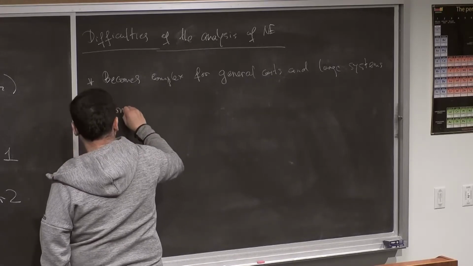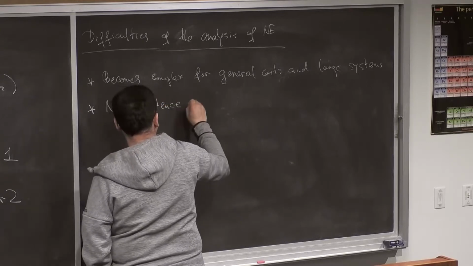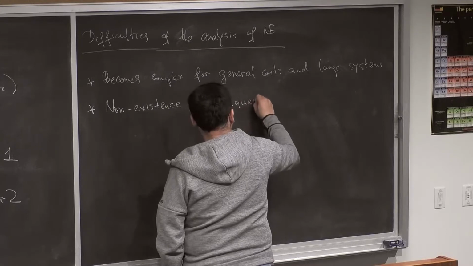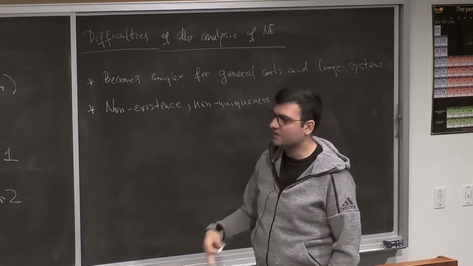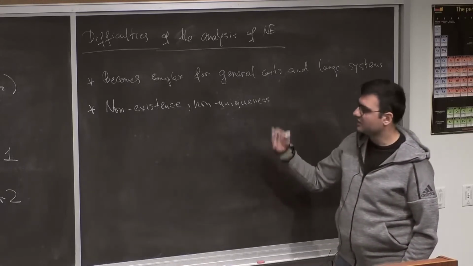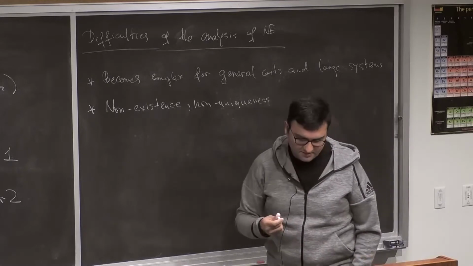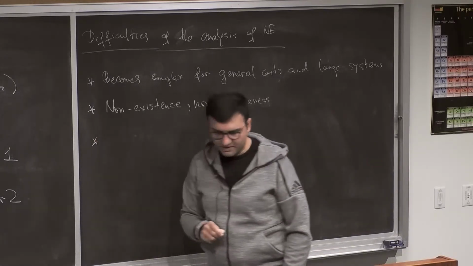Also, we may have non-existence and non-uniqueness. So it may happen that Nash equilibria are in fact non-unique, and again I mentioned there may be non-existence of solutions. Also, another problem that we may have is the following.